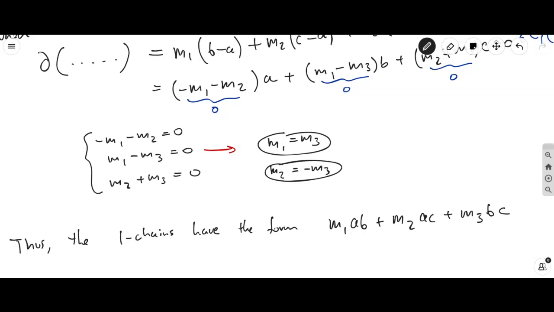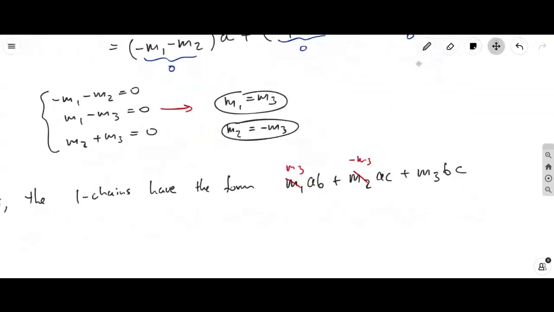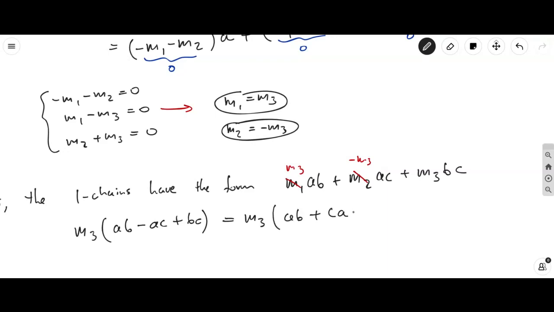So replace M1 by M3, and M2 is negative M3. In the end, we have M3 multiplied by AB minus AC plus BC, which we can rewrite as M3 times AB plus CA plus BC. Okay?